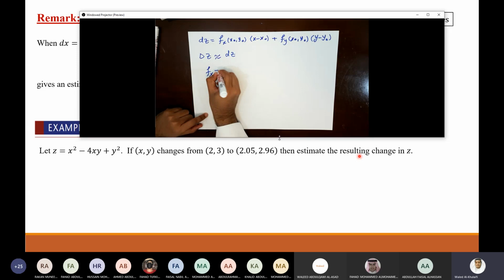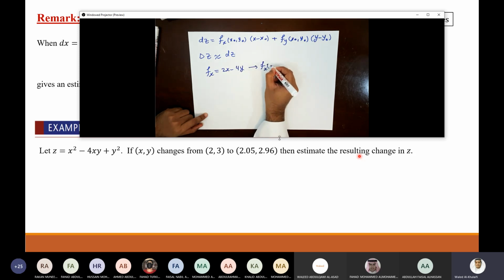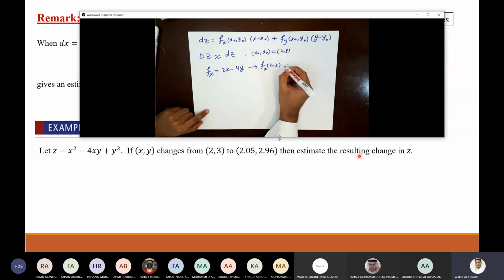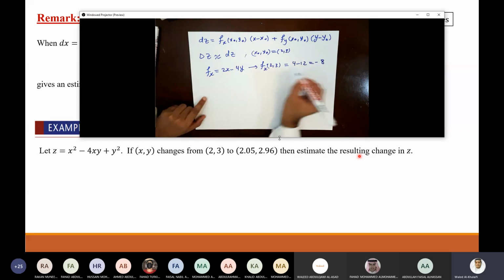So, what is the derivative of f with respect to x, Shabab? You have 2x minus 4y, and at the point 2, 3, keep in mind x naught, y naught is 2 and 3, the point we start from. So this is equal to 4 minus 12, which is minus 8.